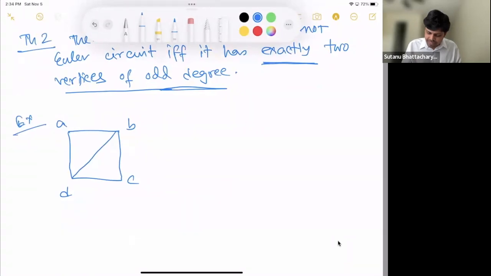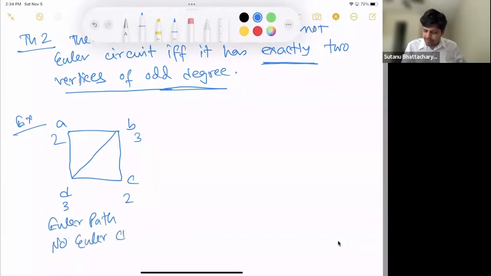The degree of D is 3, degree of C is 2, degree of B is 3, degree of A is 2. So it follows theorem 2. That means there are exactly two vertices of odd degree. That means in this graph, there is an Euler path, but no Euler circuit.